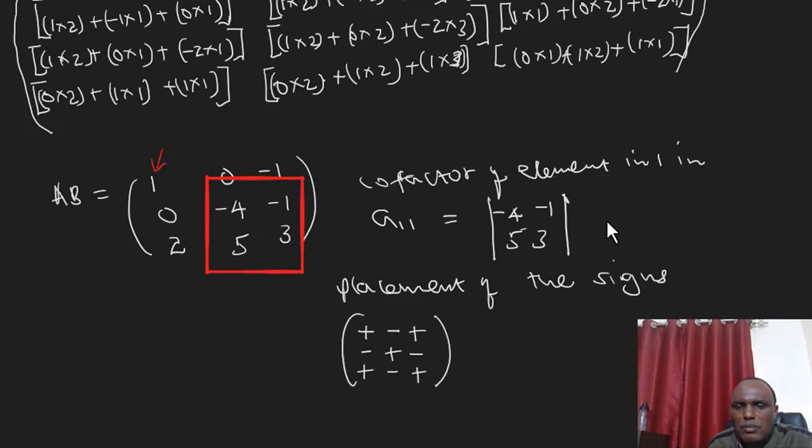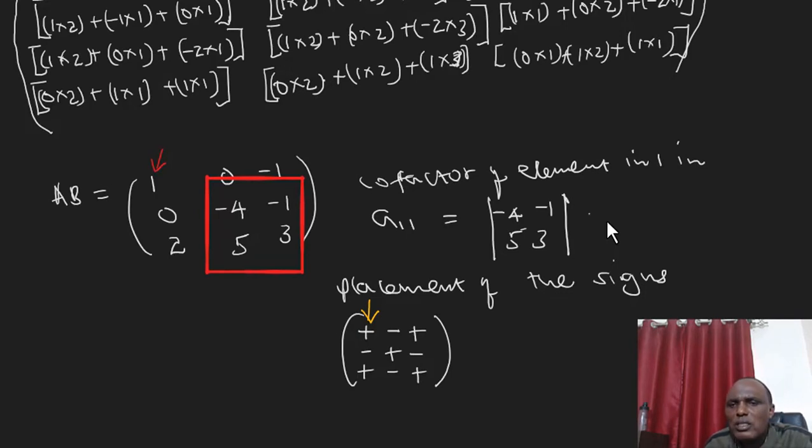So the element that is found in this position, you give it that sign. Like for example, in our case, the element in the first column, first row, that is the element 1, we are required to give it a positive sign after getting the determinant. Then it becomes now the cofactor.